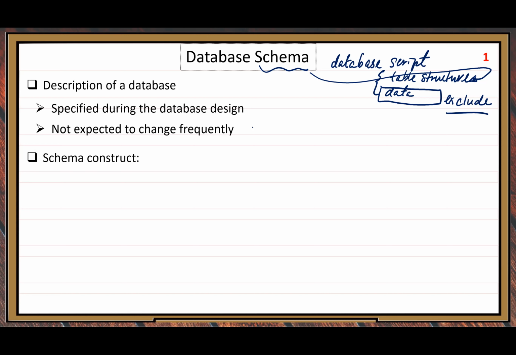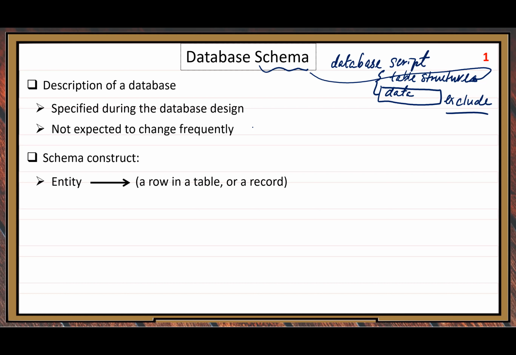Schema constructs. The first one, entity. It is a row in a table, or a record. When you look at this object, we can call it a general object.